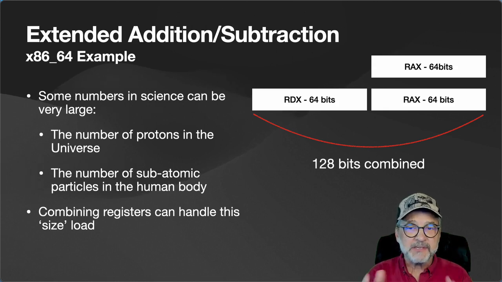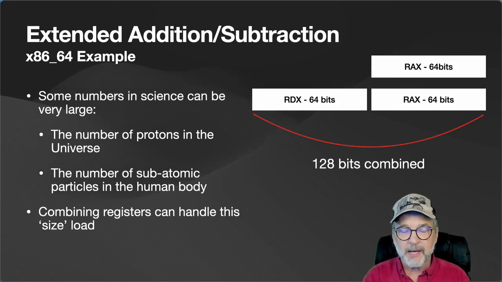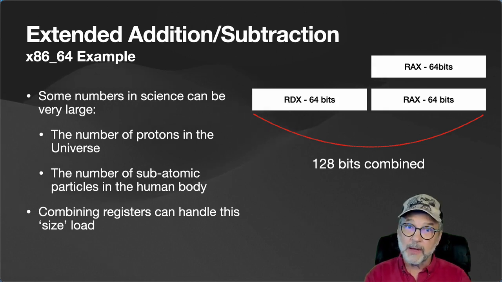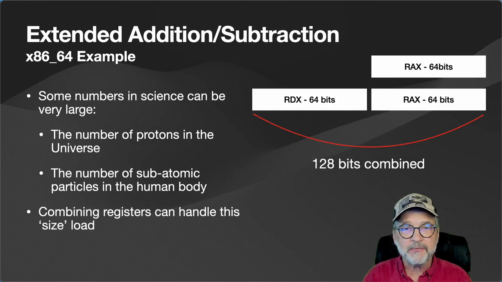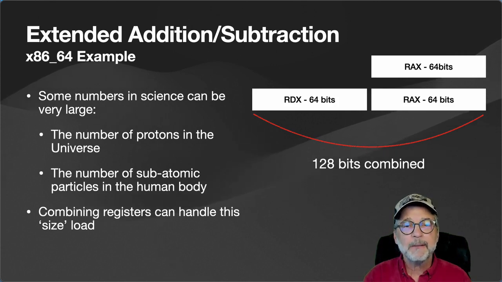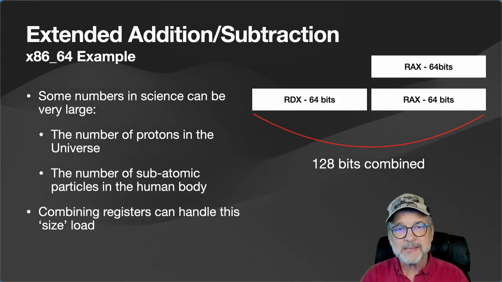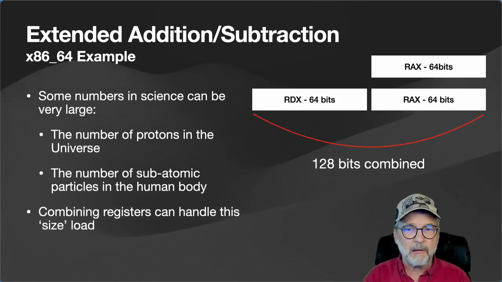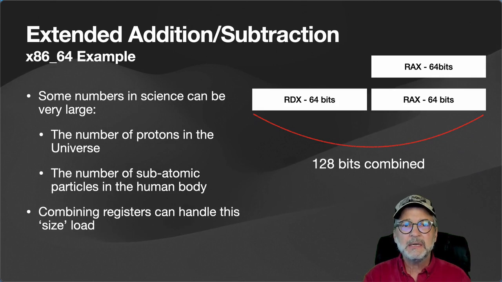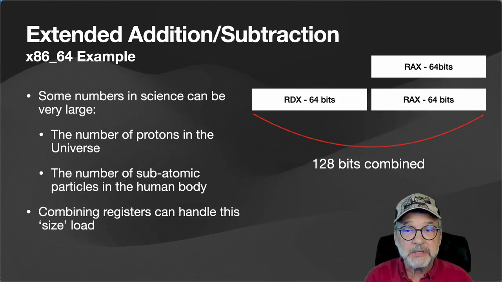Some numbers in science, why do we need to worry about this? 64-bit registers are huge. And if you're on 32-bit, you don't have as much space, so you might need to extend into multiple 32-bit registers. But most modern applications, I should say new applications, are written in 64-bit. So why is this still an issue? Well, like it's shown here, some numbers in science can be very large: the number of protons in the universe, the number of subatomic particles in the human body.